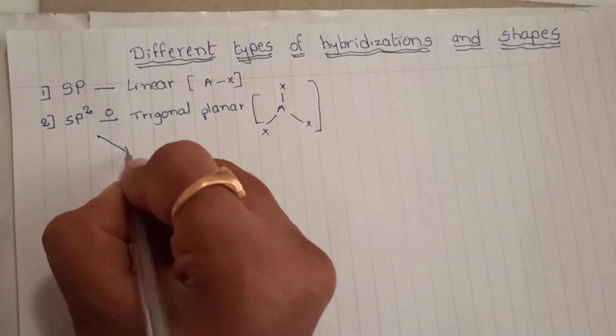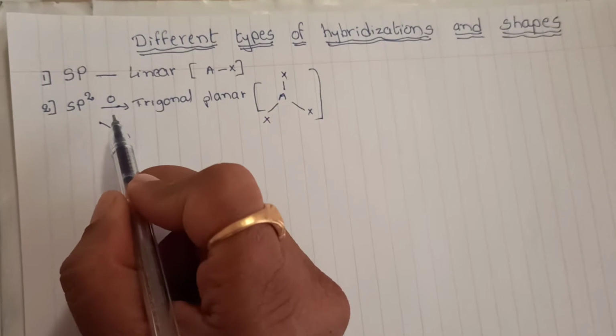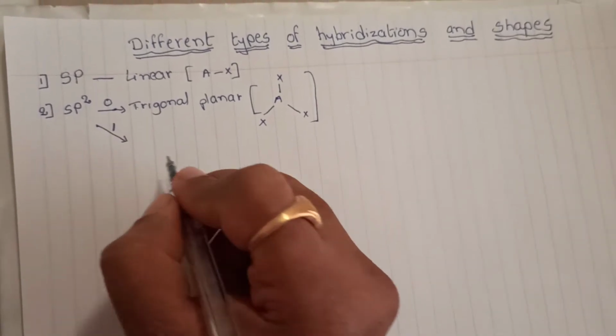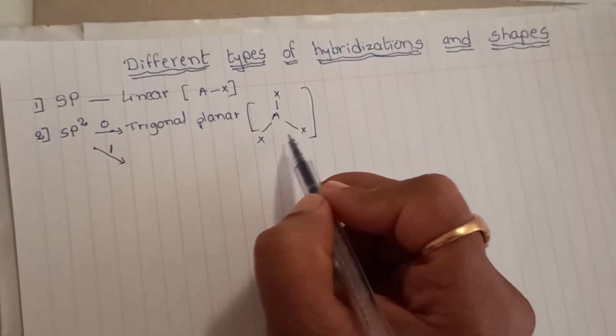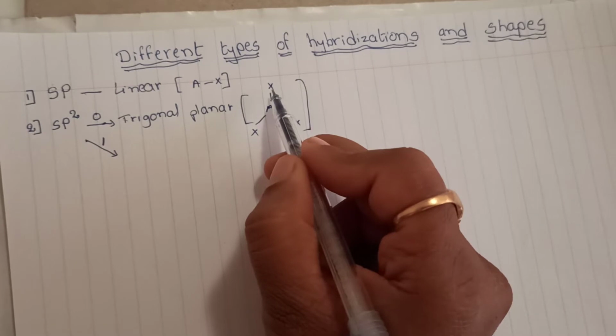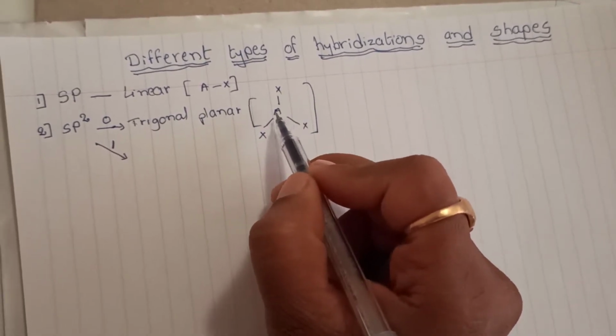Whenever it has one lone pair, here 0 means no lone pair, 1 means a single lone pair present on the central atom. Then see, here there are 3 positions occupied by 3 atoms, but one of the positions will be occupied by a lone pair. Whenever a lone pair is present, it won't contribute to the shape of the molecule.